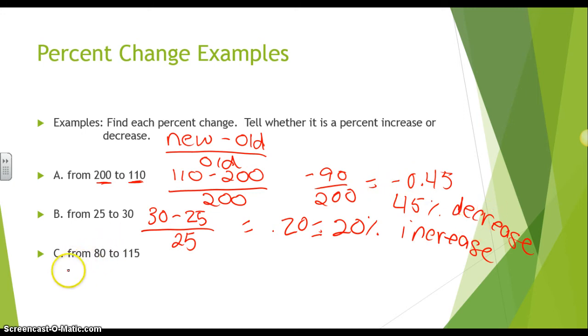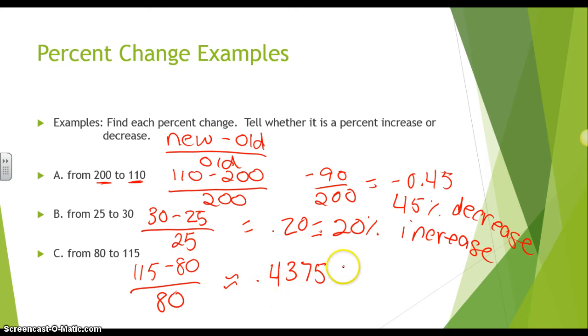Our last example for percent change is from 80 to 115. So I take 115 minus 80 divided by 80. When I solve that out, I'm going to get approximately 0.4375. So that's going to be about a 43.75% increase.